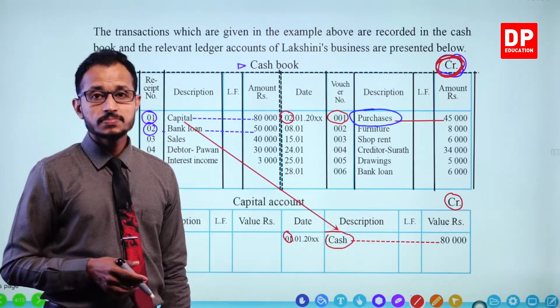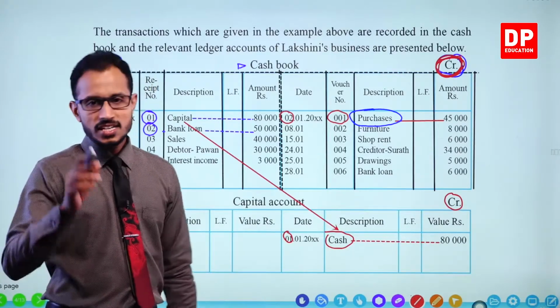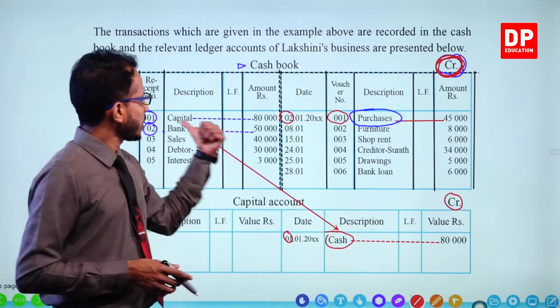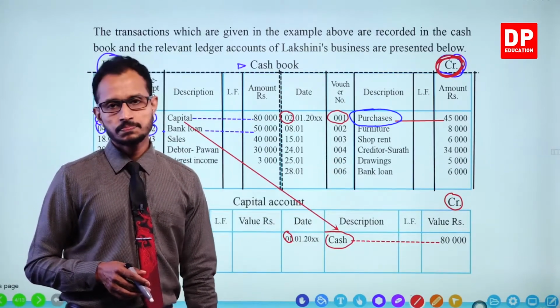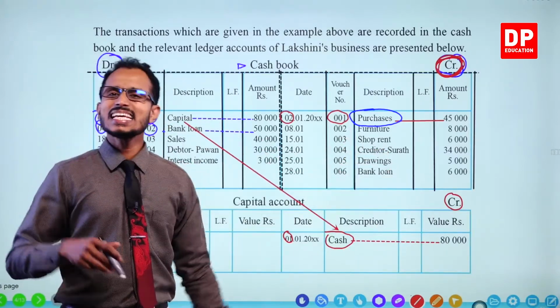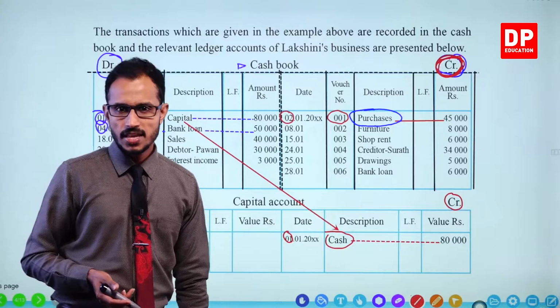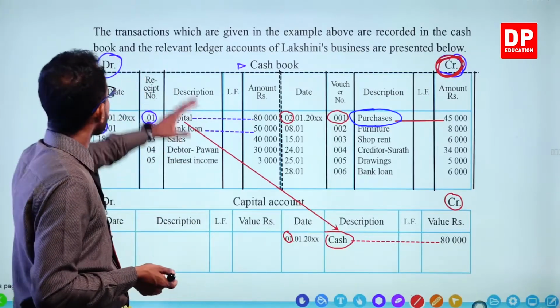Children, yes, I can see that you're nodding. This is the first cash book exercise that we took, and this exercise comes in your textbook as an example exercise.